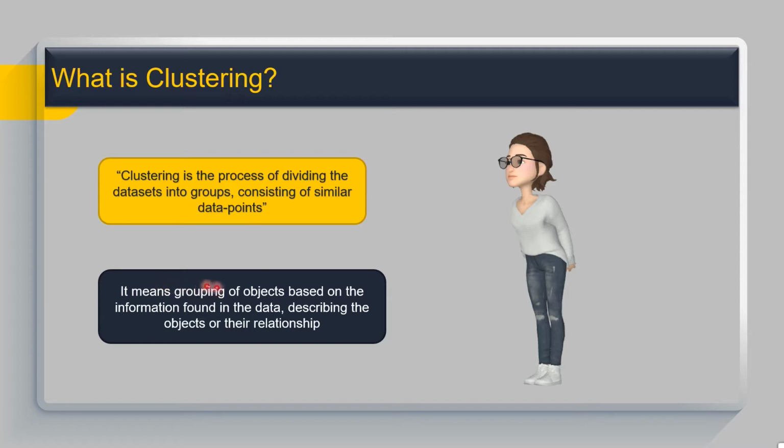It means grouping of subjects based on the information found in the data describing the objects or their relationships. Clustering models focus on and define groups of similar records and labeling records according to the group to which they belong.